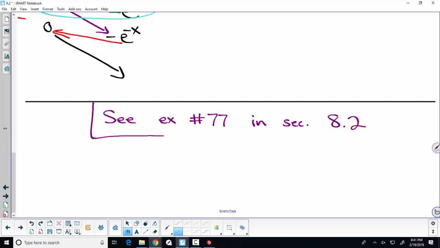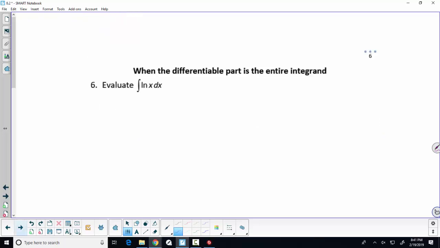I'll just reference that the tabular integration came from example 77 and 8.2.